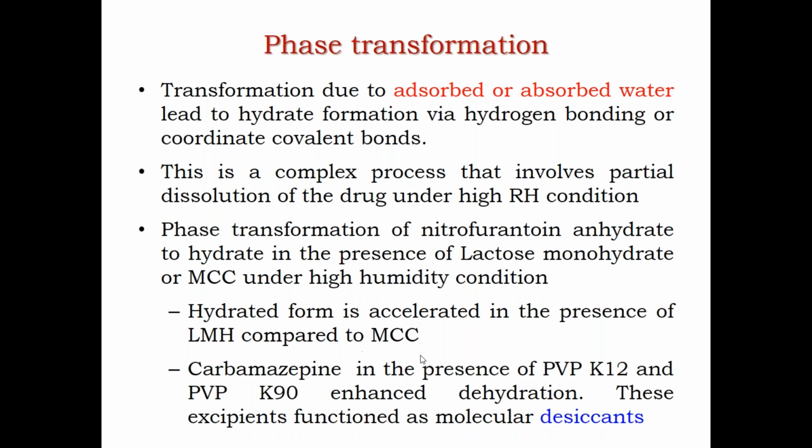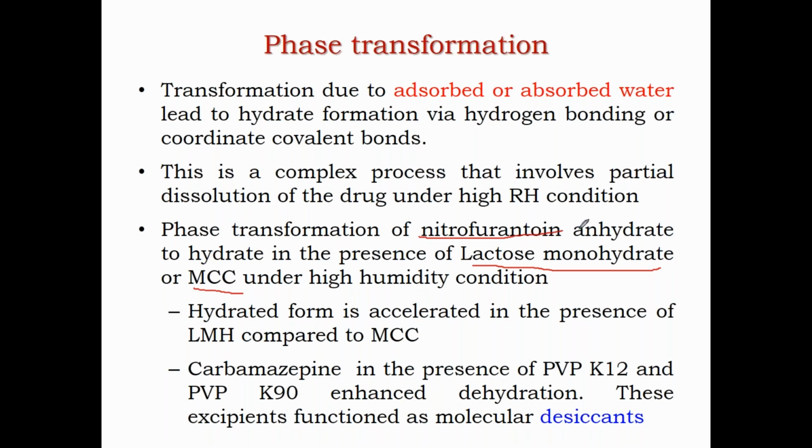Maybe this example will help you understand better. They observed, during the manufacturing of nitrofurantoin anhydrate in some formulation process, that phase transformation of nitrofurantoin anhydrate to hydrate occurred in the presence of lactose monohydrate or microcrystalline cellulose.